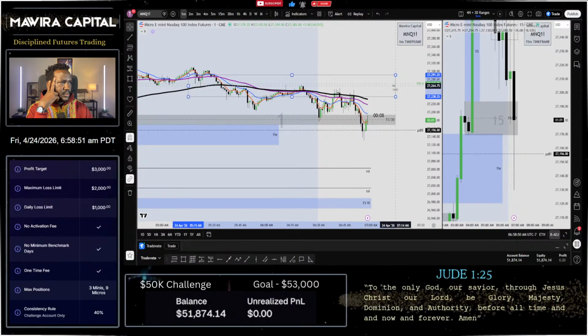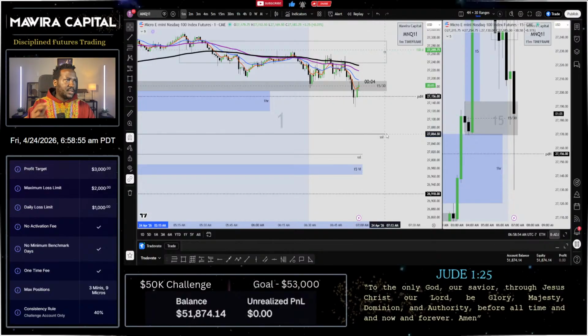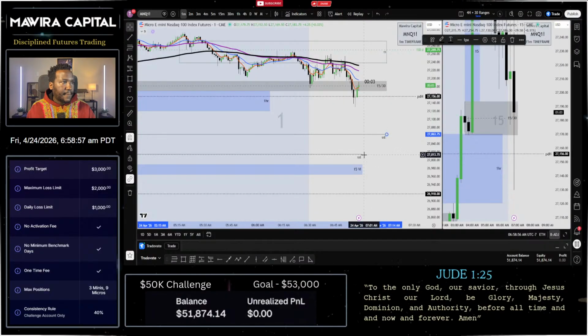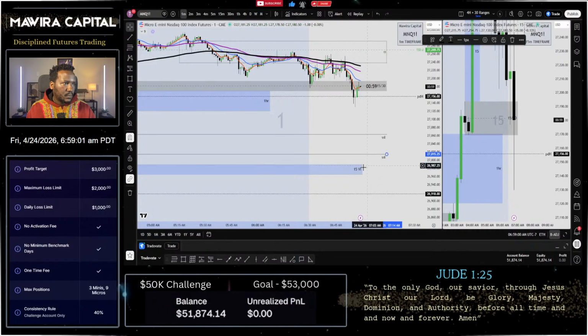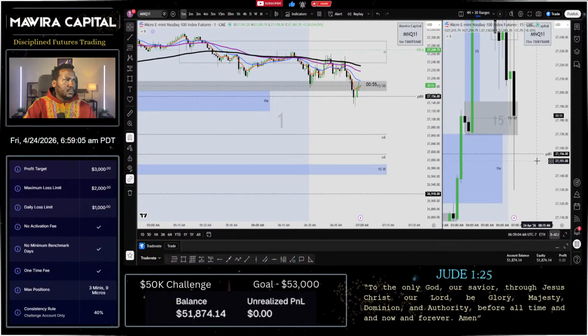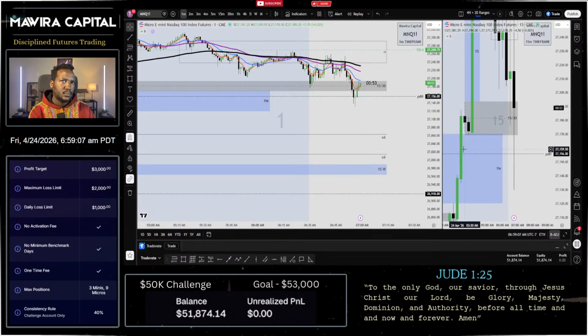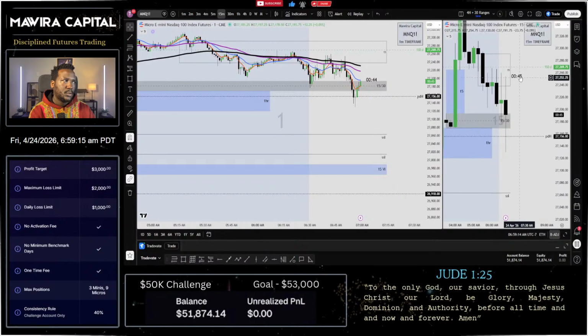I'll pull this to 714, whatever. Still targeting that sell side right there. So yeah, no trade.